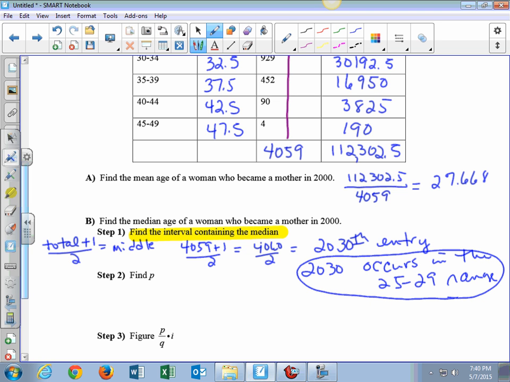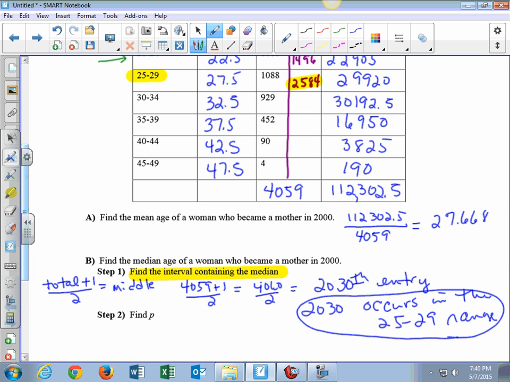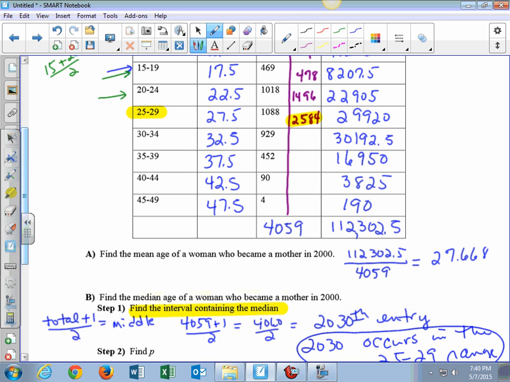Step 2 says to find P. Remember, P is the number required to reach the median from the lower limit of the interval. So if I look at my interval, my 25 through 29, I have to think about this. How far do I need to go into that interval? If I look back before that interval, I was at 1,496. How many do I have to go into the next interval to reach 2030? So one more time.